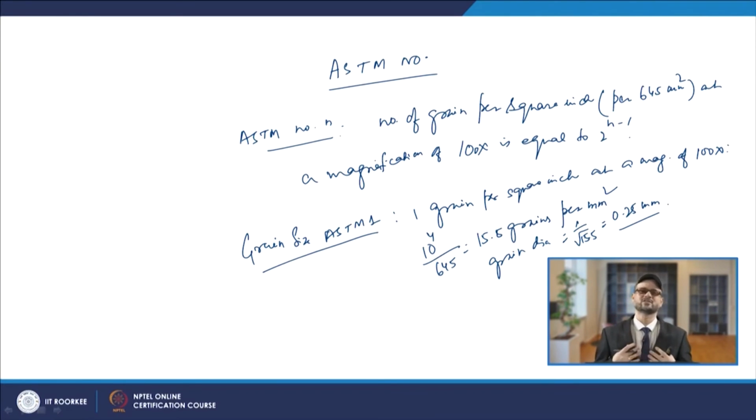You can go for ASTM 2, 3. Every time it will be changing by under root 2. So, that way you will have the change in the grain sizes, and if you go to larger ASTM, you will have the ASTM value going from ASTM 1 to 8, and even further.